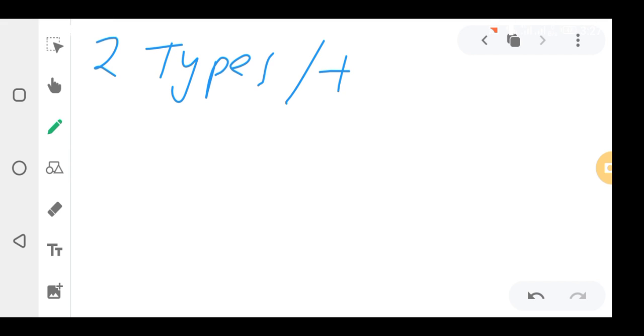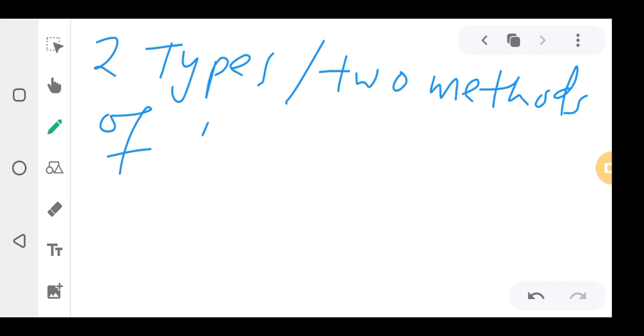Now, nutrition is divided into two parts. There are two types, or two methods, of nutrition.